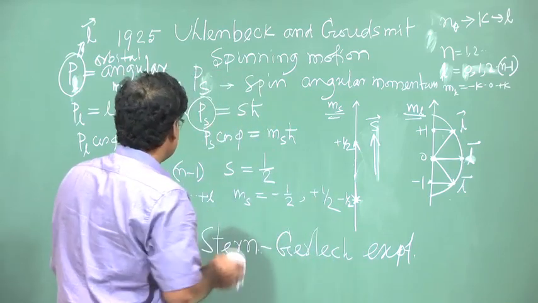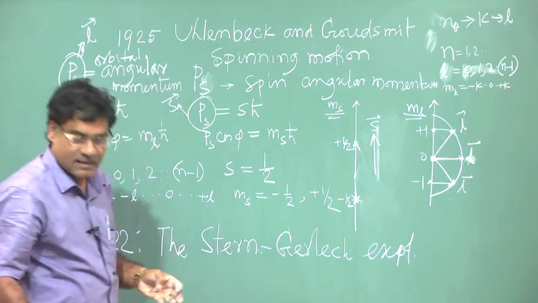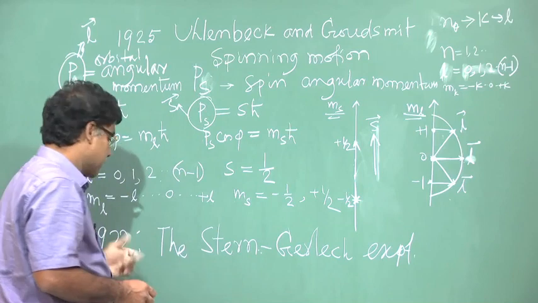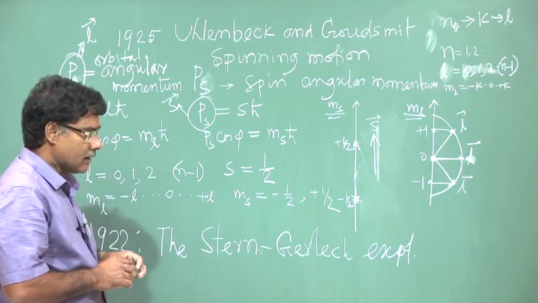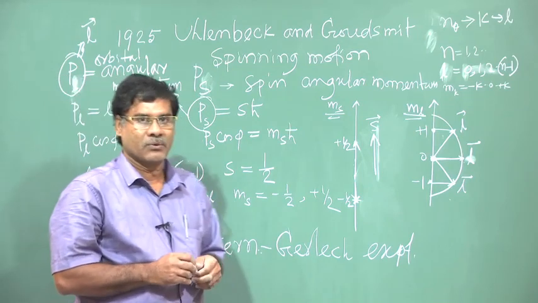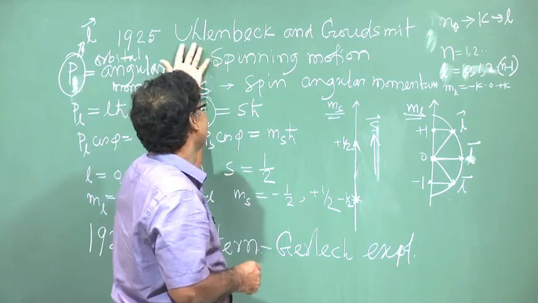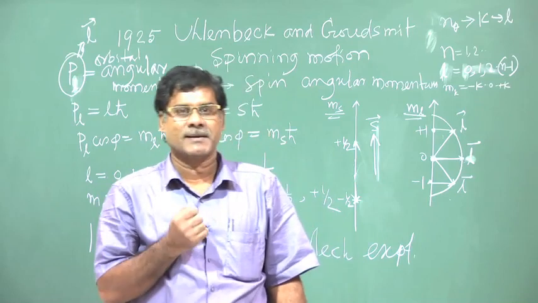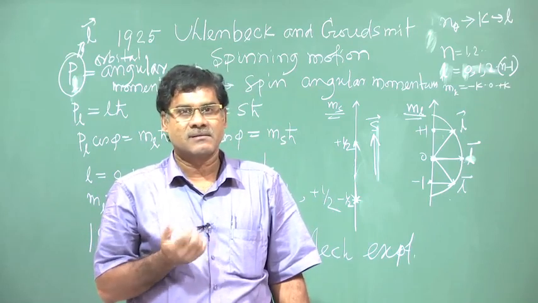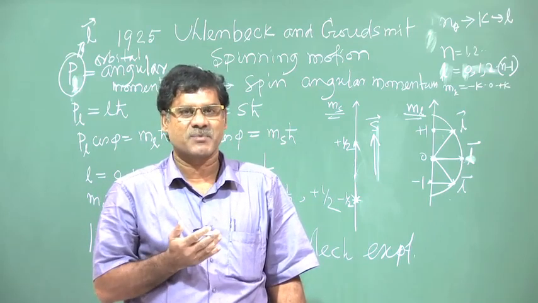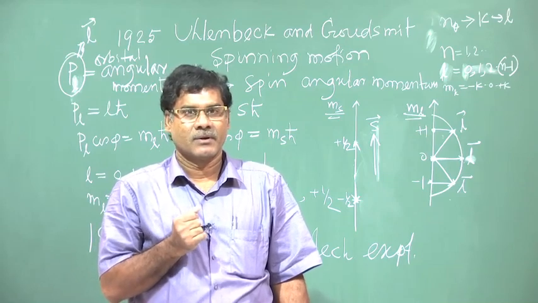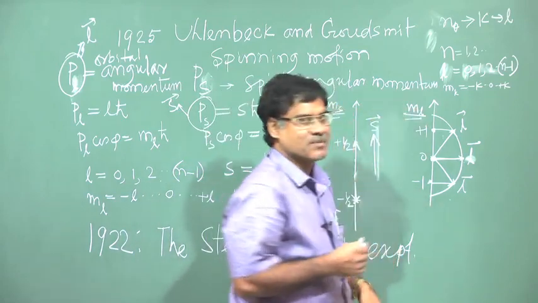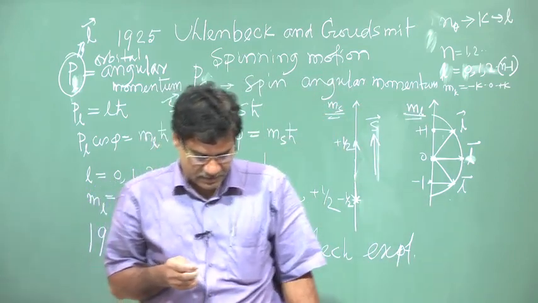What was that experiment? In 1922 the experiment was done not to find out the spin angular momentum or existence of spin, it was done to check the space quantization, to check the existence of ML space quantization. Okay.